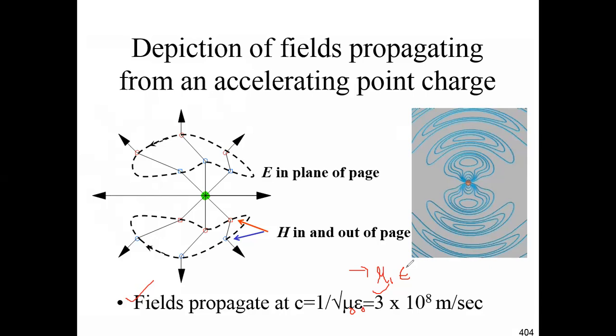It will become mu naught mu r into epsilon naught epsilon r. Very good, proceed, you are going in the very right direction. Then it will be a high value, no? No, you are going right, but I don't know why you got confused.